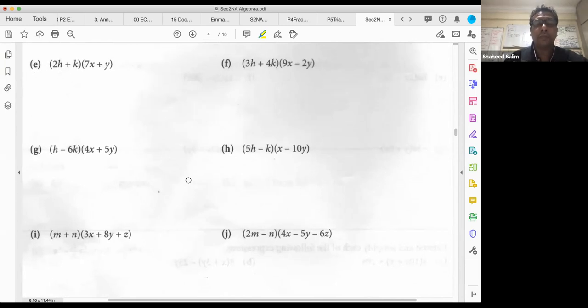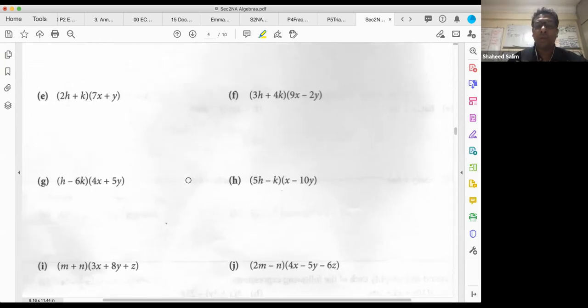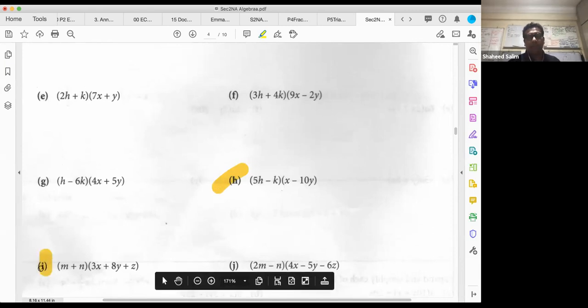This next one, maybe we have 5 minutes more. We try H first, H and I. This one is the same thing, times 3. This one times 3, then the bottom times 3.